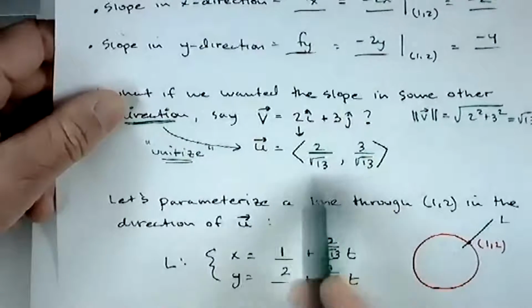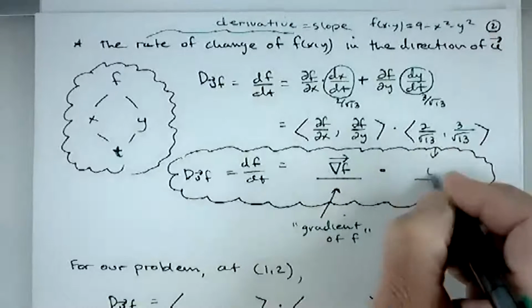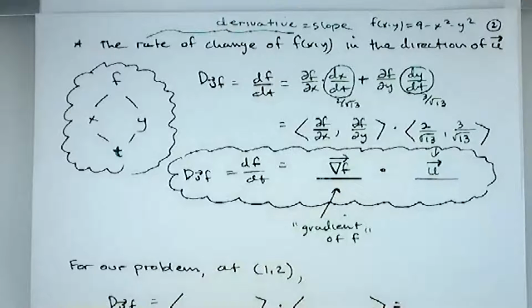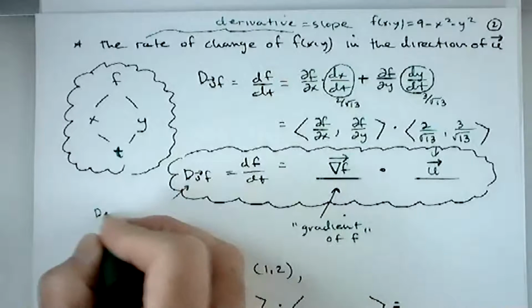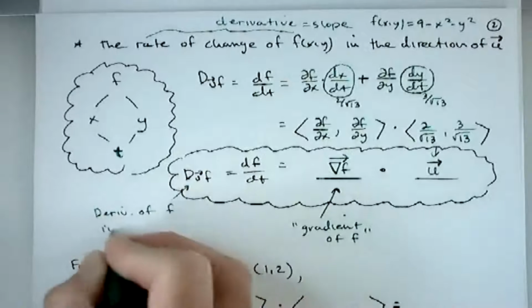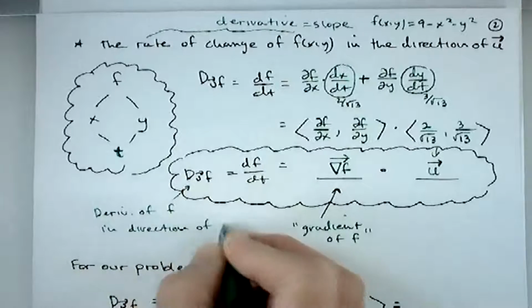That was the direction I wanted to move in as a unit vector. So this is just u. And I'll write this out again. This is the derivative of f in the direction of u.